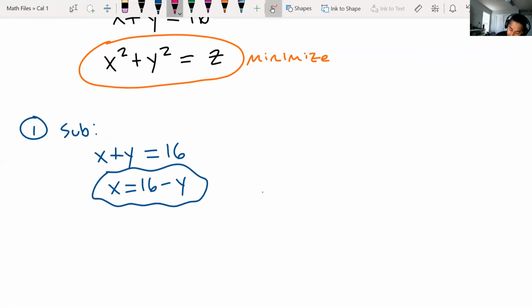Okay. Step 2, plug x into the sum of squares.